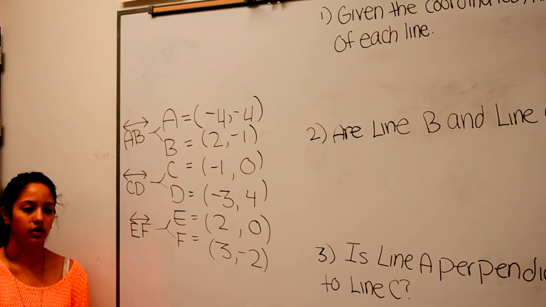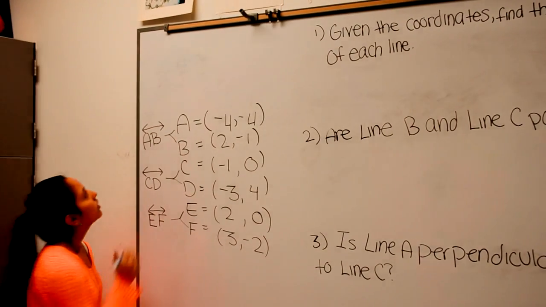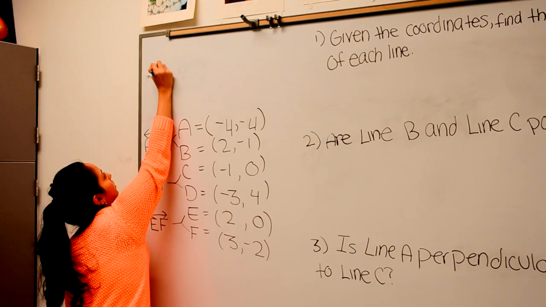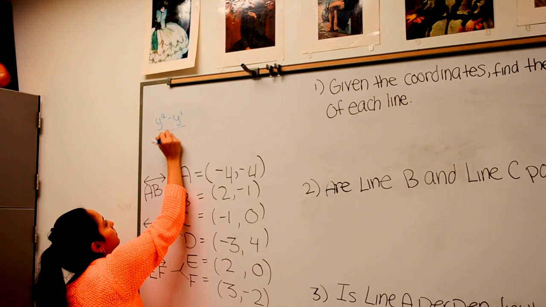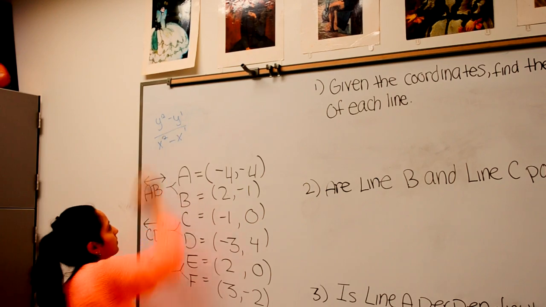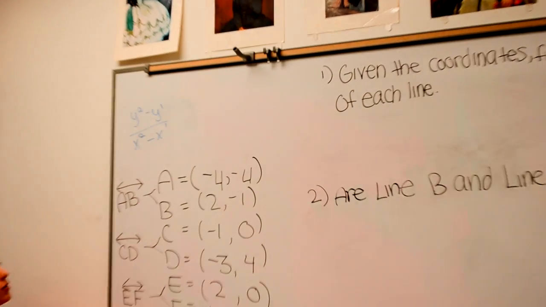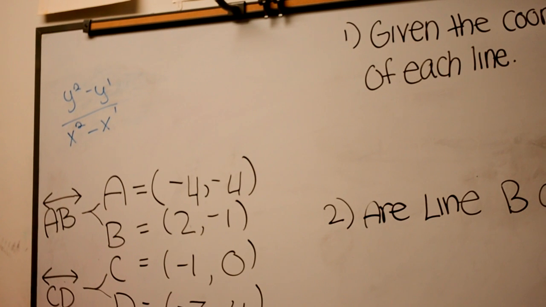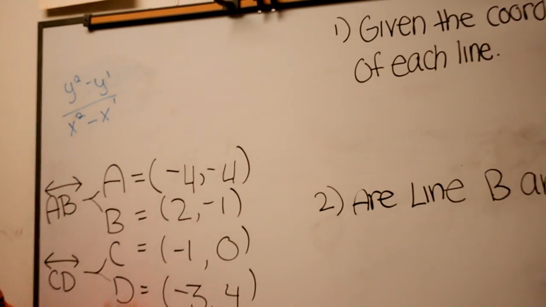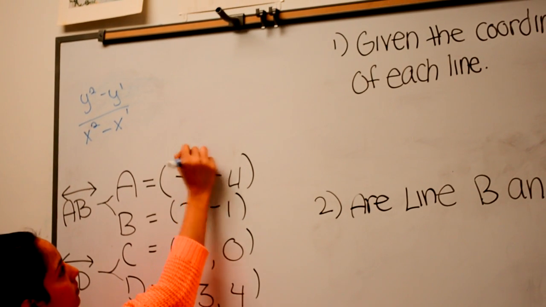First, we'll start with AB. To do this, we have to write down the equation for finding slopes, which is y2 minus y1 over x2 minus x1. We'll label these to plug them in.